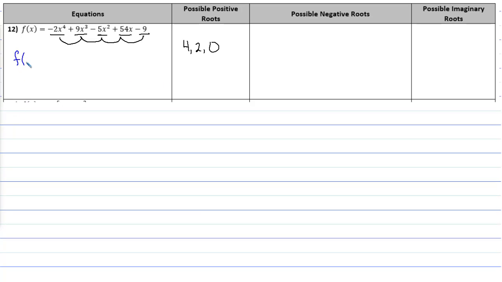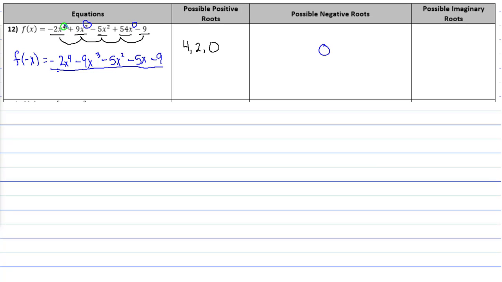Now I'm going to plug in that negative x, which changes all my odd exponents' signs. When I look at the sign changes, it's all the consistent sign, so there was no change from the previous on any of that. So the possible negative roots is 0.